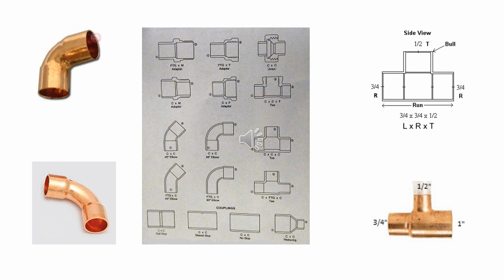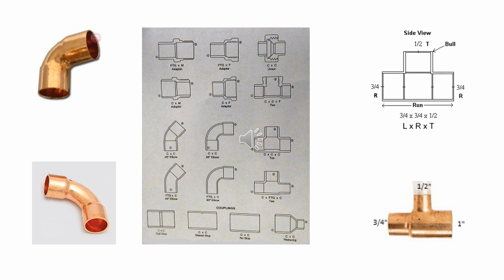If you look at the far lower right picture, you will see another reducing tee with all different sizes. When you have a reducing tee with different sizes, the way you would order it would be first to say the largest run, followed by the smallest run, followed by the bull or branch size.